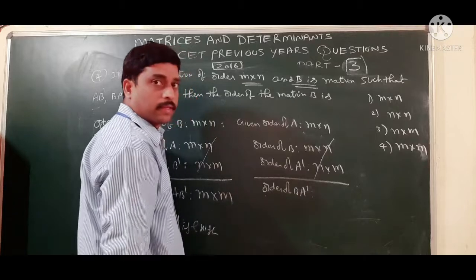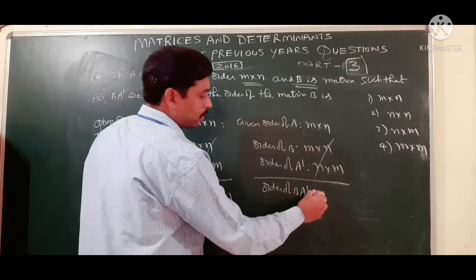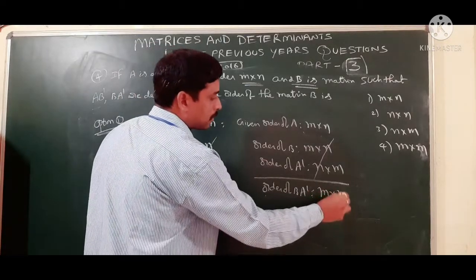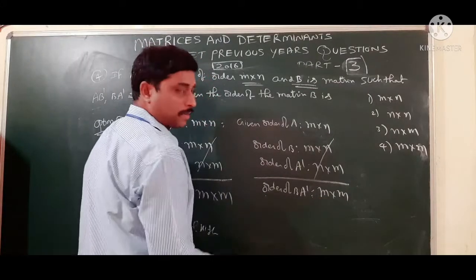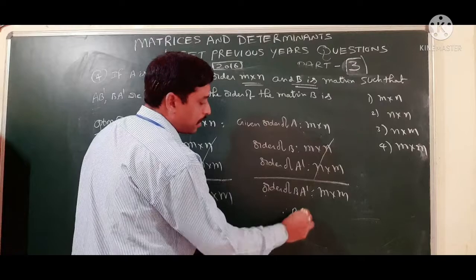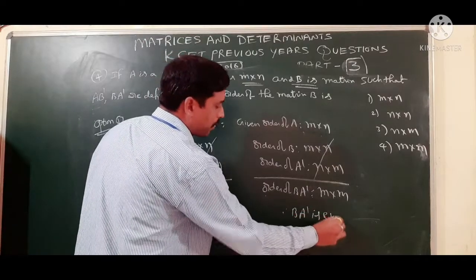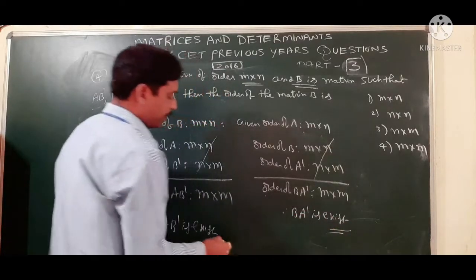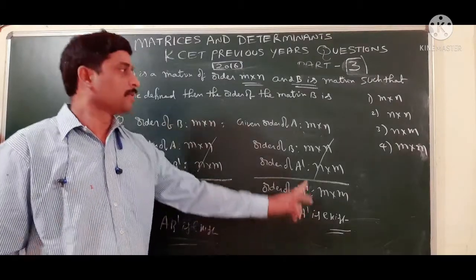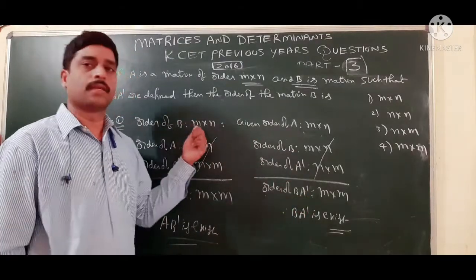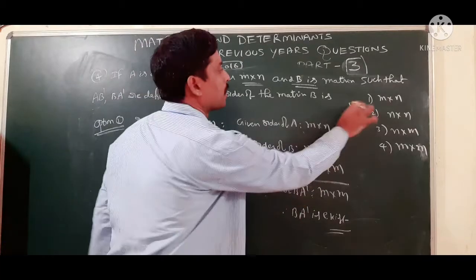If equal, the product of the matrices exists. So the order of BA' is m by m, therefore BA' exists or is defined. So AB' is defined and BA' is defined when the order of B is equal to m by n. So option 1 is correct.